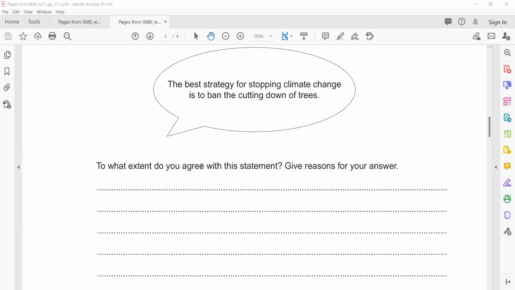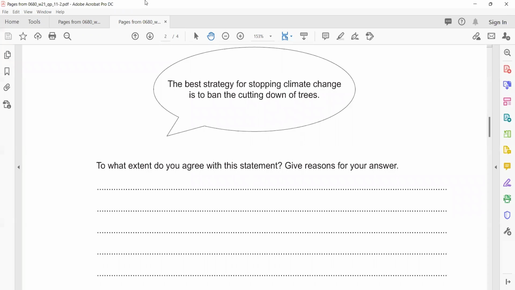Okay, I'm saying disagree. For example, we disagree with this one because they said ban the cutting of the trees. If you ban the cutting of trees totally, it means that maybe you cannot make the roads, you cannot make new settlements, maybe you cannot fulfill your needs if you need wood.